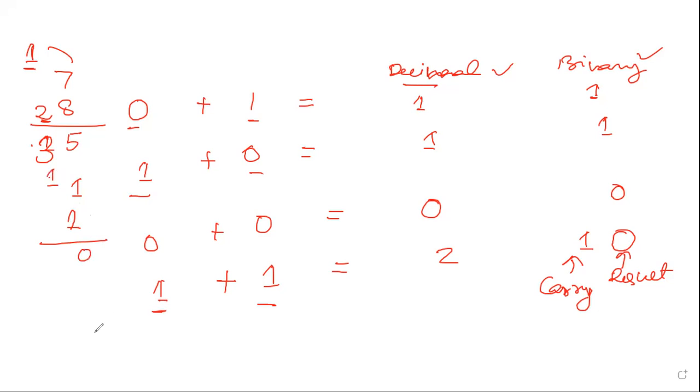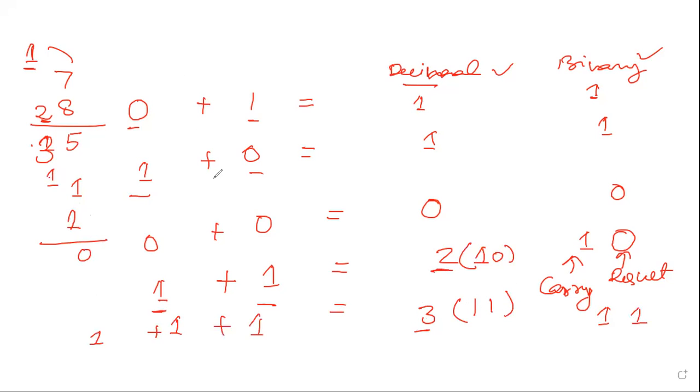Now, one more case we will understand. When I am trying to add 3 ones together, then what is the situation? In that case, I get an answer 3, and here I get 1 as result and 1 as carry. Now you see here, this decimal 2 is written as 10. This 3 decimal in binary is written as 11.